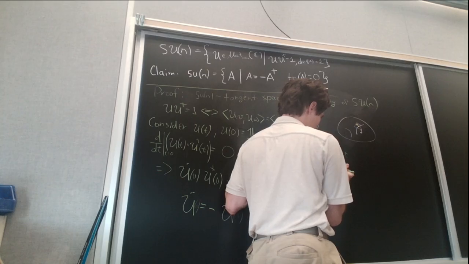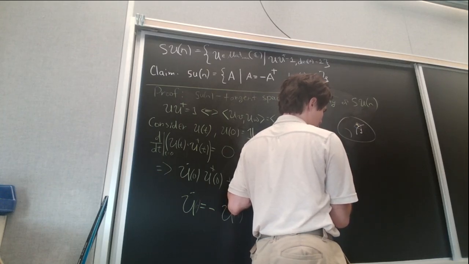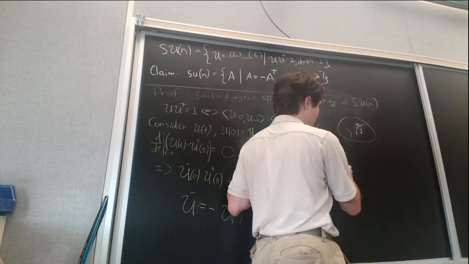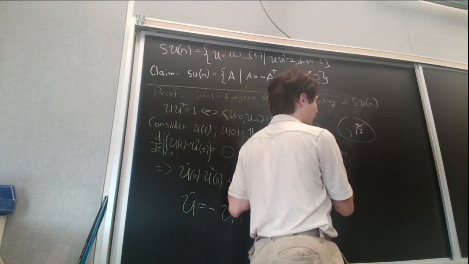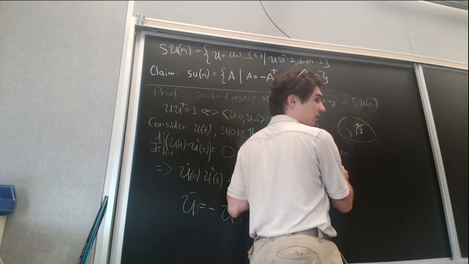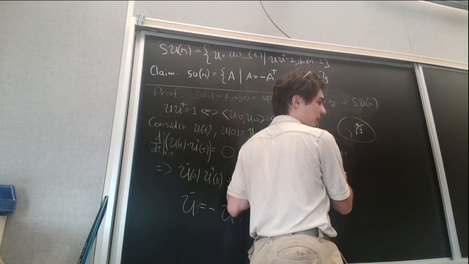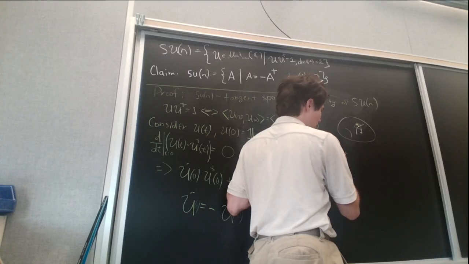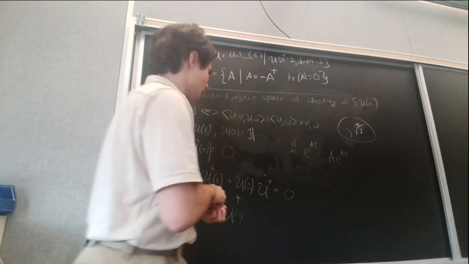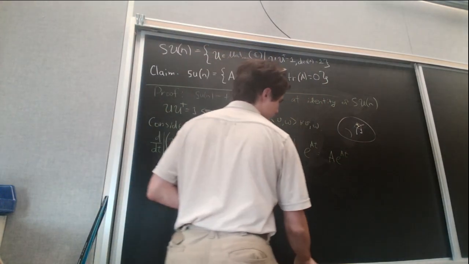Yeah, it's not necessarily true. Actually, no. Since this has this property, for this whole thing to have this property, I'd need this to be symmetric. And I don't think this would necessarily be symmetric under taking a dagger. So I don't think it's necessarily true. You'd need to check.